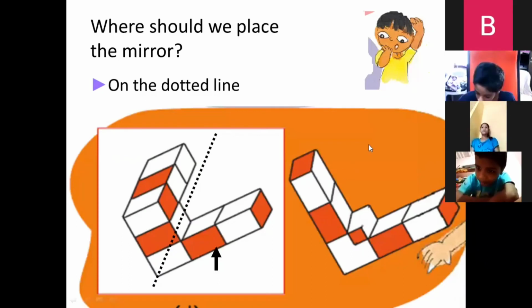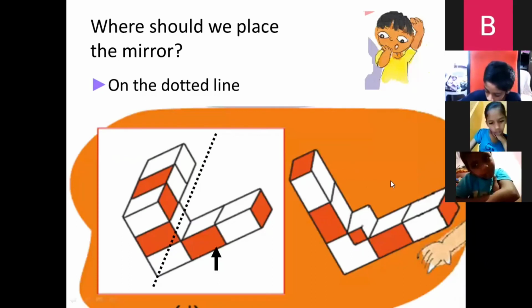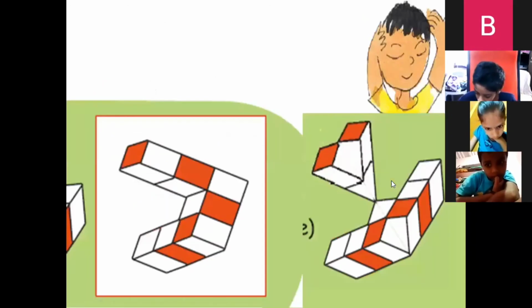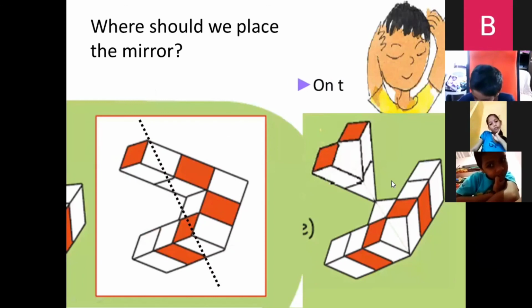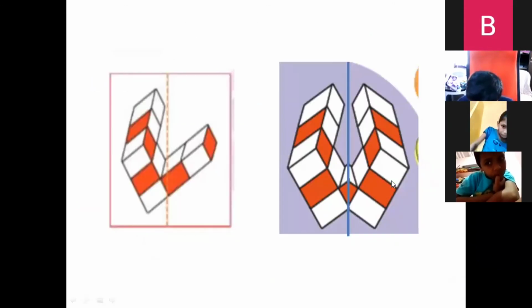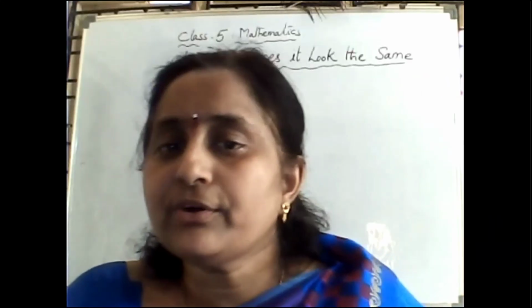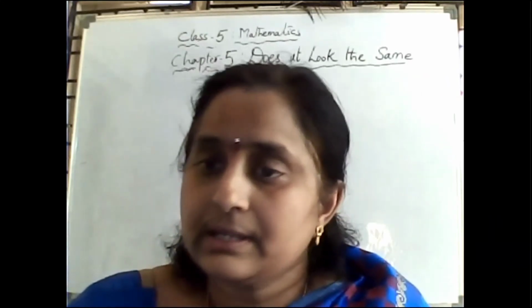So when you place the mirror along with the dotted line, we will get the other picture here. So this is one like this. Clear?